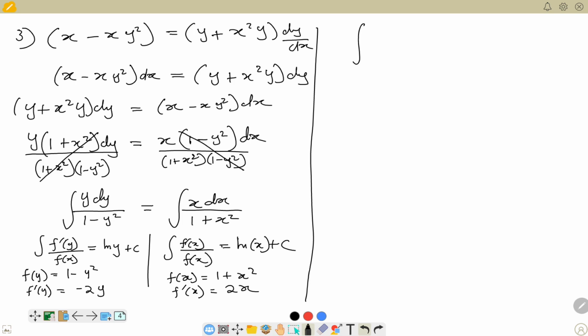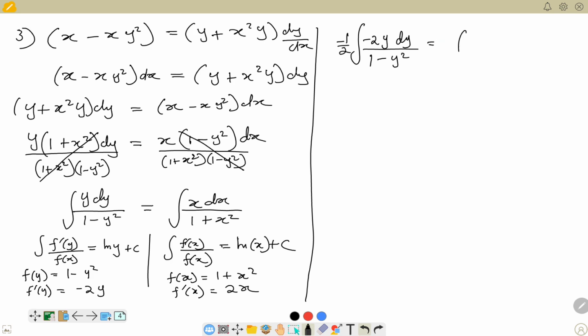So if we compensate on the side of y with negative 2, y is still there. Because we have introduced negative 2, we must divide by negative 2, or multiply by negative half. We introduce negative 2 and multiply outside the integral by negative half, and then we rewrite our equation like that.